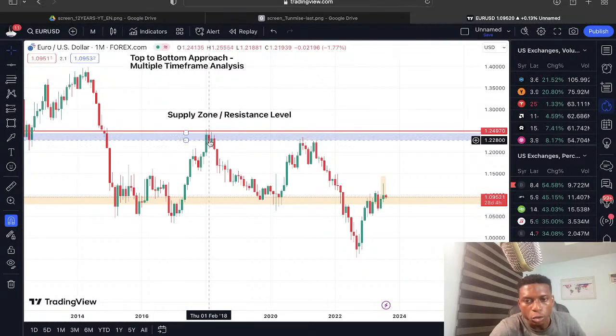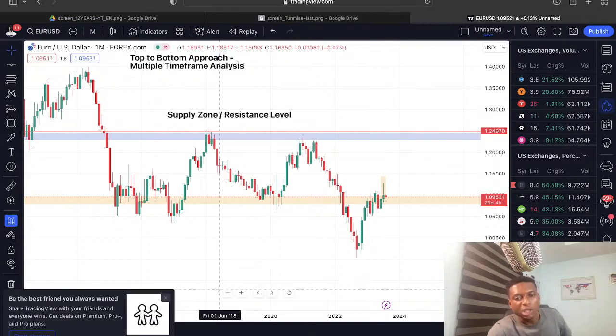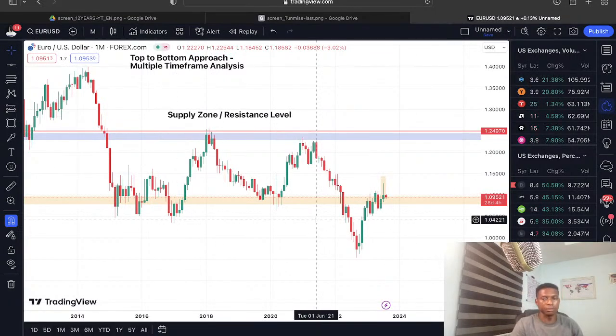So that is what this is telling us on a monthly time frame: that price is going to drop massively on Euro USD, on the doji candle.